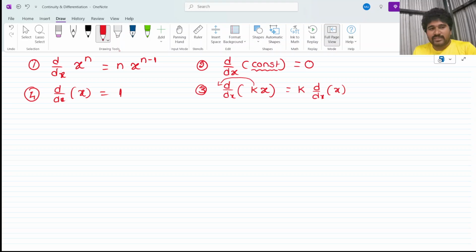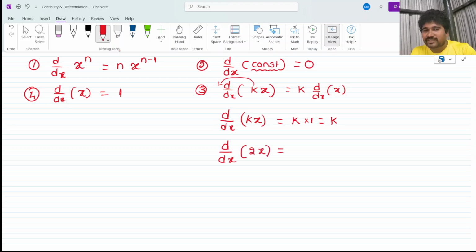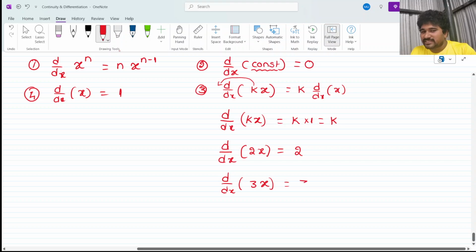Then what about d by dx of kx? k will be outside and the differentiation of x will be 1. That means k. If I see d by dx of 2x anywhere, the answer is just 2. If I see d by dx of 3x, I will write just 3. Is that clear for everybody?